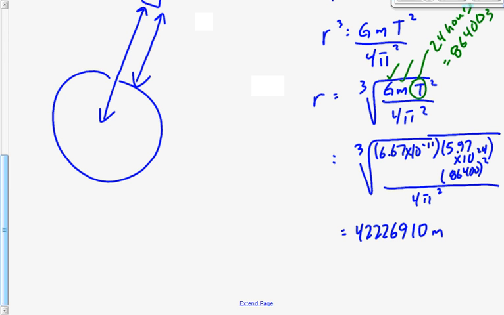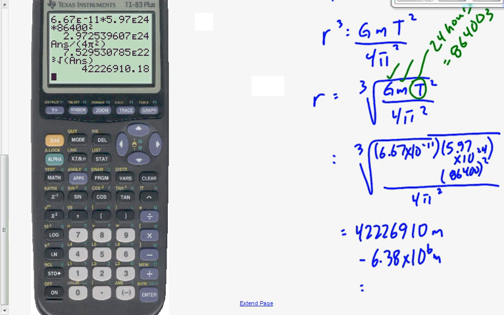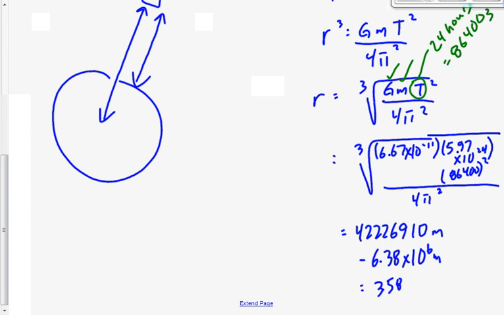Subtract the radius of the Earth. I get 3.58 times 10 to the 7. That makes sense.